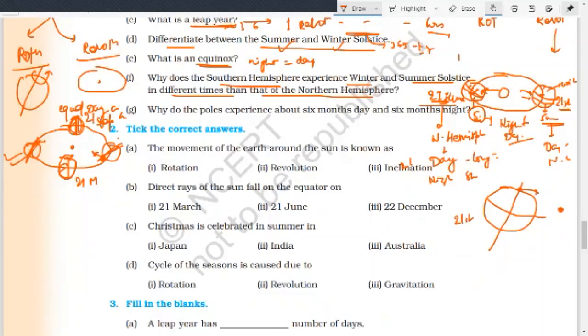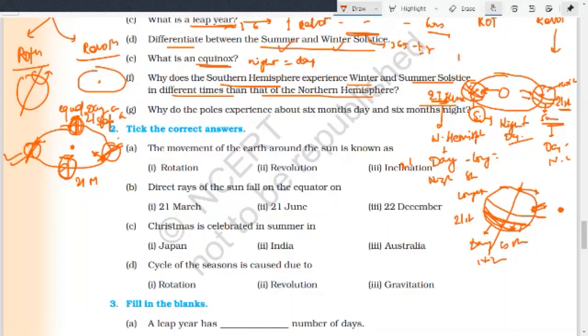So this Tropic of Cancer receives direct sunlight, and there will be the longest day. But the southern hemisphere, the area beyond the equator, receives less daylight. So night is longest there and day is shortest.